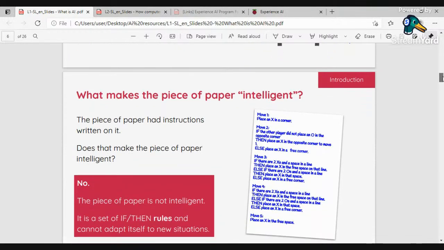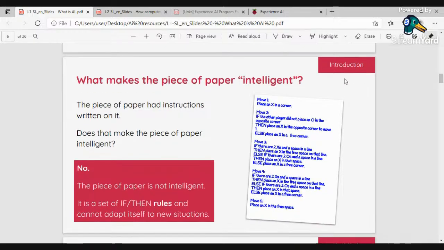So here we have the sample intelligent paper. Move one, place an X in a corner. Move two, if the other player did not place an O in the opposite corner, then place an X in the opposite corner to move one.